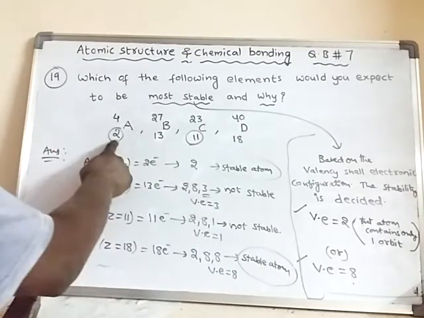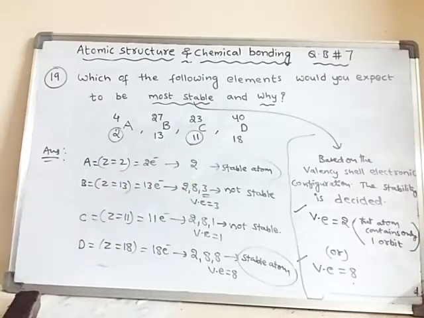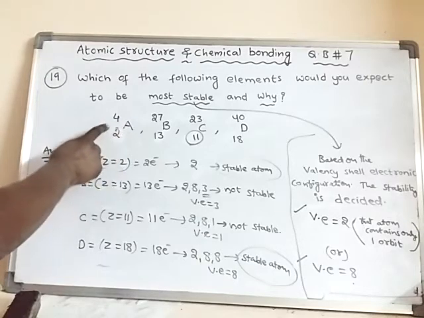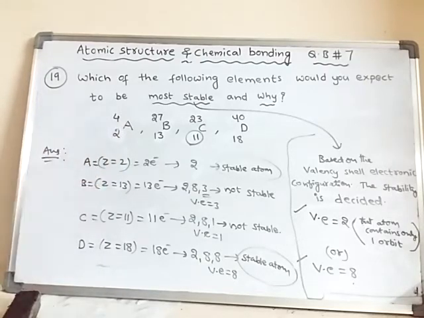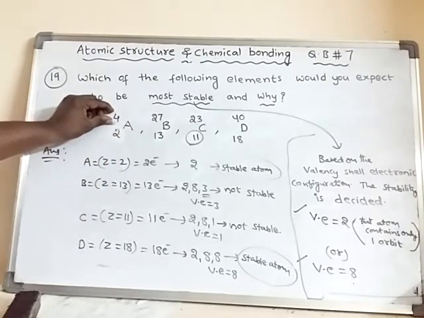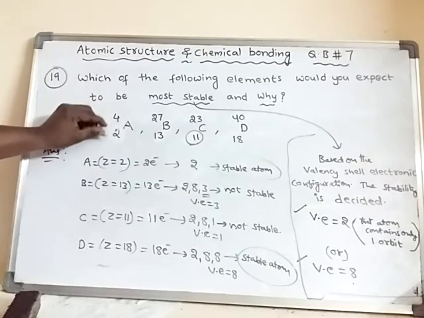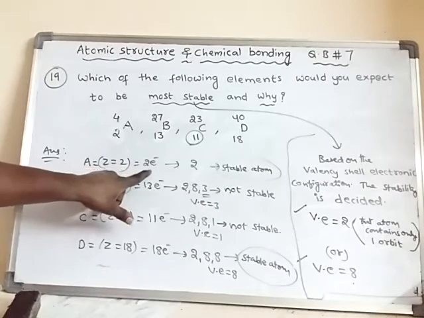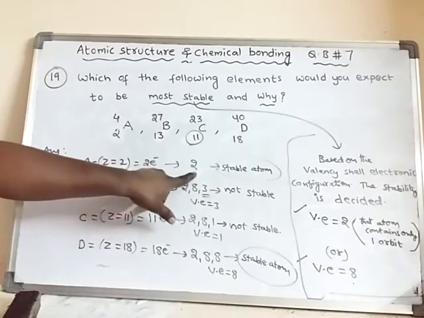Now we will discuss these elements. Element A has atomic number 2 and mass number 4. As the atomic number is 2, it contains 2 electrons, and those 2 electrons are present in the first orbit only.